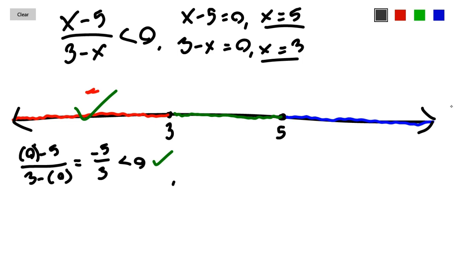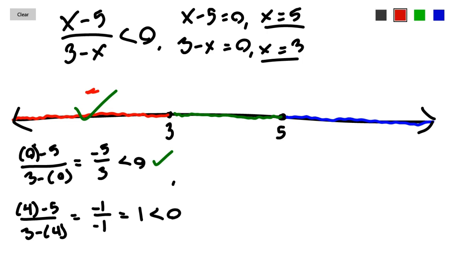I'm going to pick x is equal to 4. So I've got 4 minus 5 divided by 3 minus 4. That's going to give me negative 1 over negative 1, which is a positive 1, which is definitely not less than 0. So we know that this is going to give us a positive value for any x's that we plug in there, which makes this not a valid solution interval.